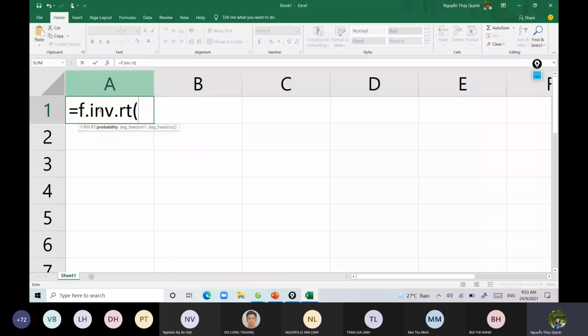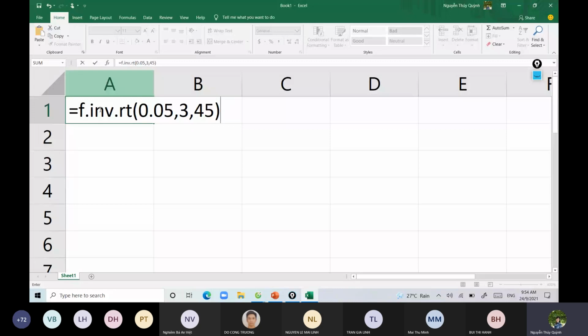For example, we want 0.05 as the level of significance. The degrees of freedom for the numerator will be maybe 3, and the degrees of freedom for the denominator maybe 45, for example.